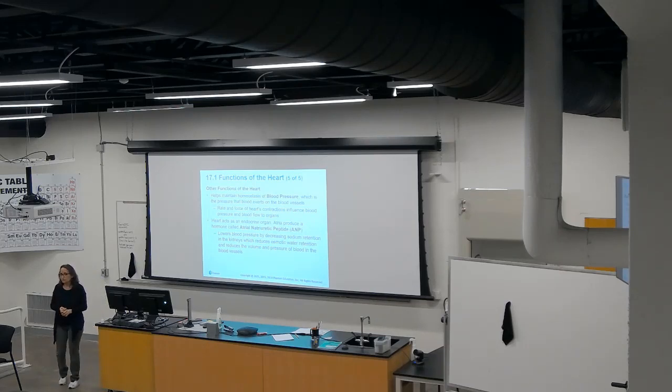Remember the principle of physiology, where things move from higher pressure to lower pressure, from higher concentration to lower concentration, from more to less. So that still happens in our circulatory system.